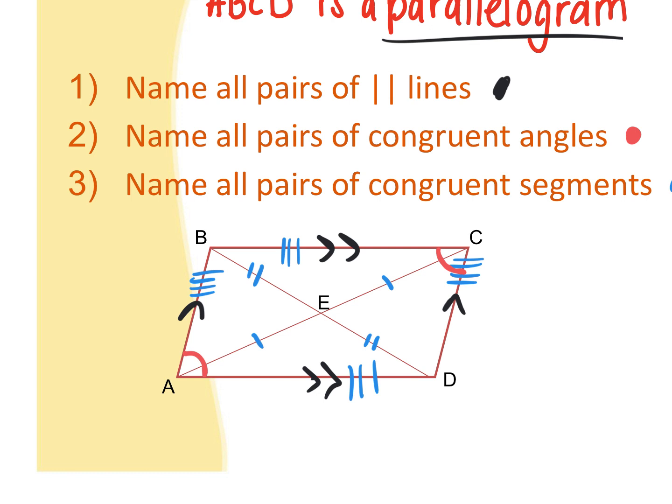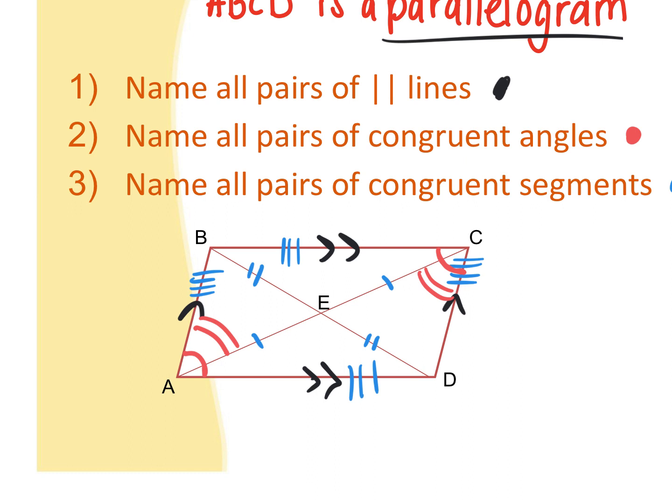Yeah, Hannah? DCE and BAE. Very good. Why are those two congruent? Hayden? Excellent. It's two parallel lines cut by a transversal, which is your diagonal. They're alternate interior. Very good.